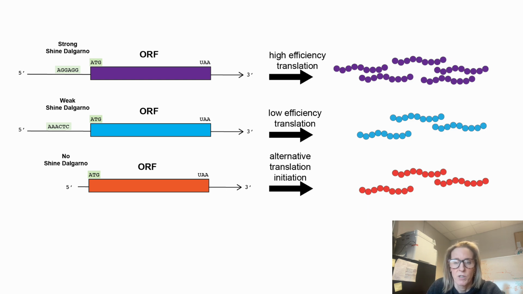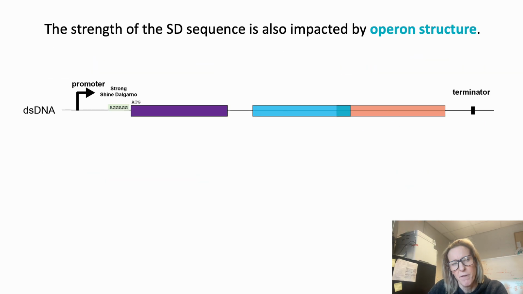In other words, translation initiation occurs by alternative mechanisms. The strength of the Shine-Dalgarno sequence is also impacted by operon structure. Genes located at the start of a transcript, such as single genes or genes positioned at the beginning of operons, are likely to have strong Shine-Dalgarno sequences.